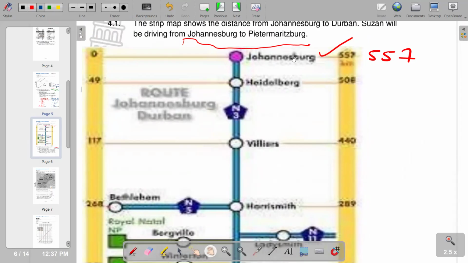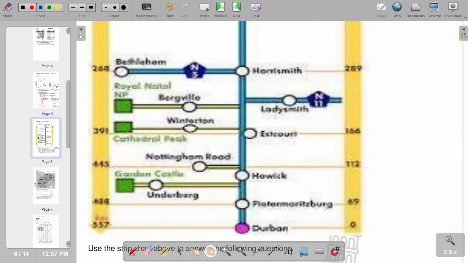And then Estcourt, we are having it here. So to calculate the distance, you'd see that we can go the other side whereby we're starting from 0 going down.